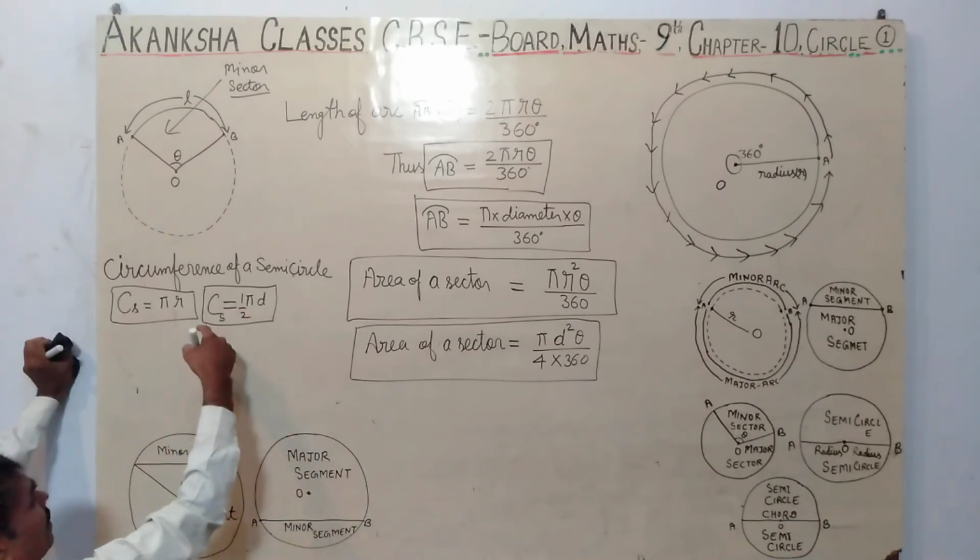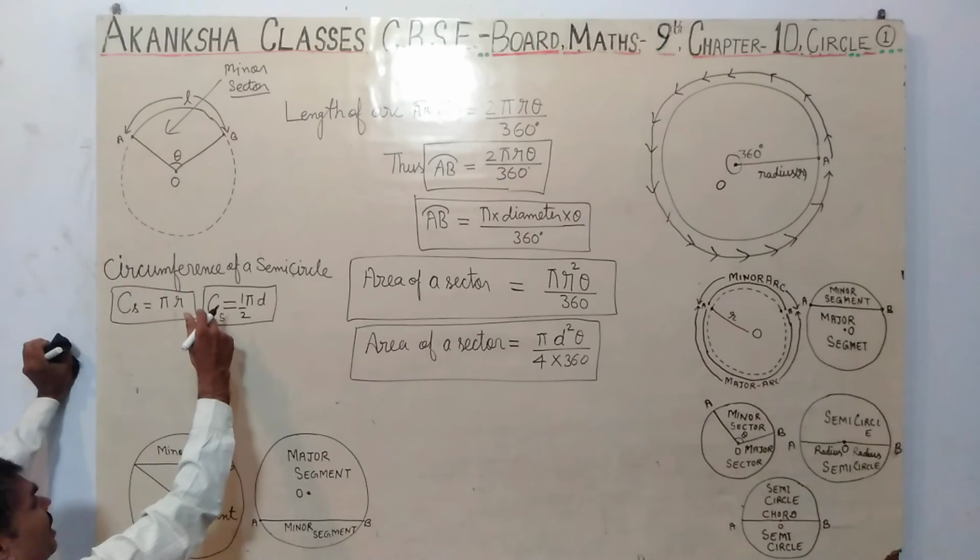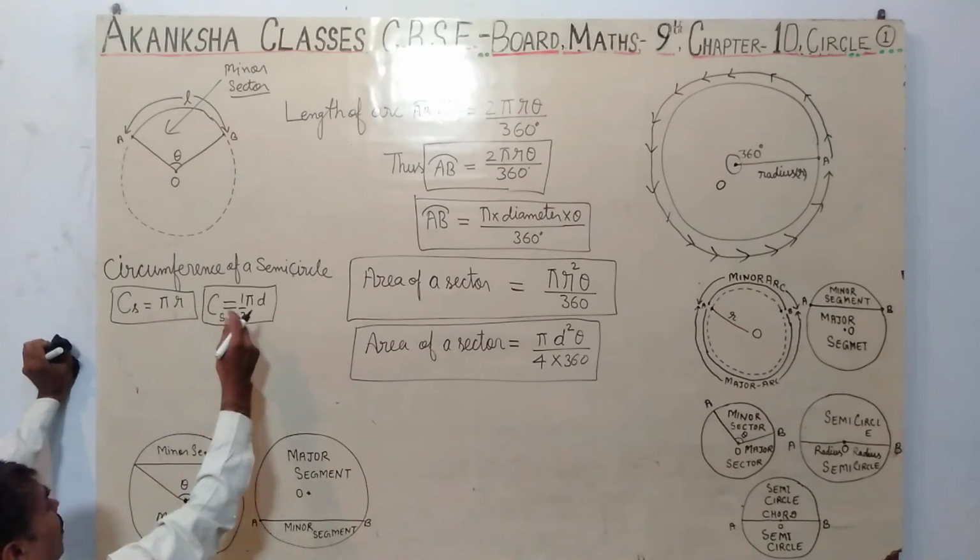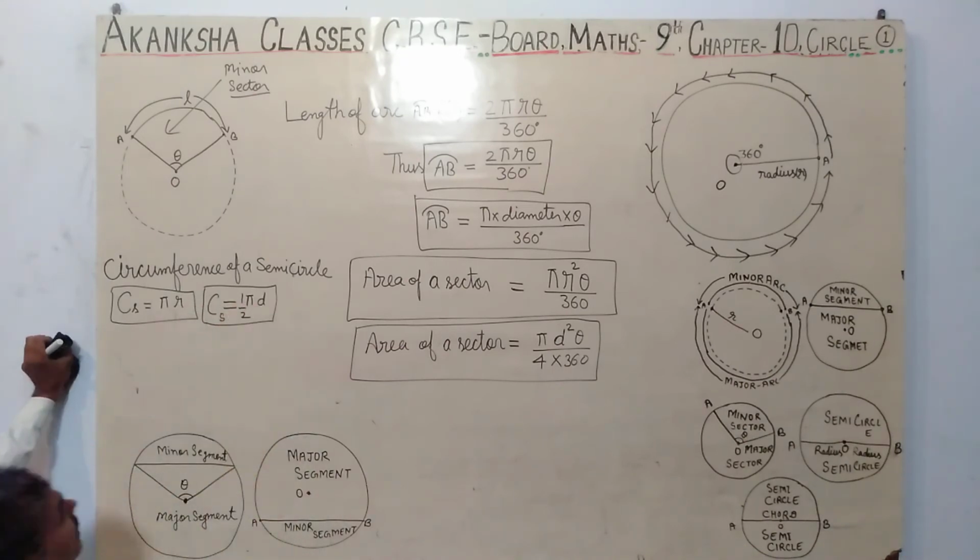Semi circumference of a circle or circumference of a semicircle equals half pi into d.